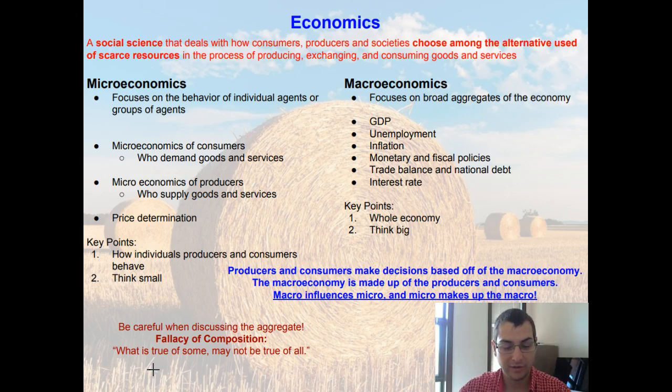And if you say that if he uses this new equipment and makes a higher profit, then everybody else that uses this equipment will make a higher profit as well, you're taking what one person does and applying it to the whole economy. But that's simply not going to be the case, because as the yield increases, the prices are brought down, and you might not even make as much as you did before. So you've got to be careful when discussing the aggregate because of this fallacy of composition.